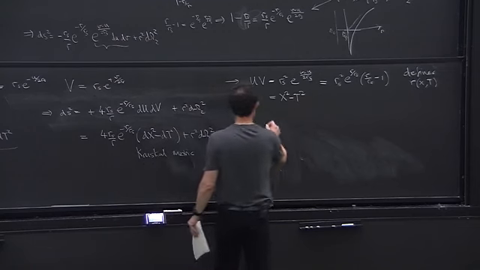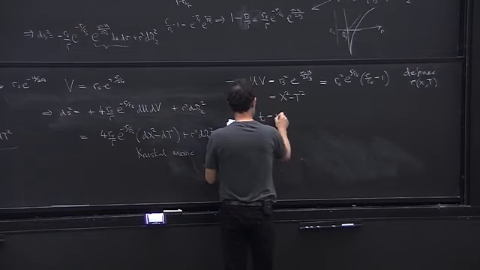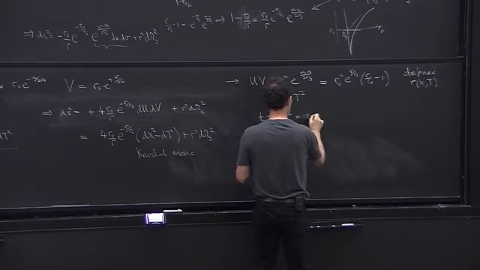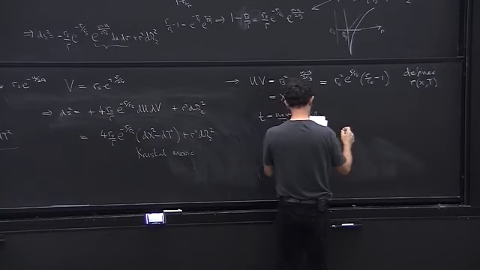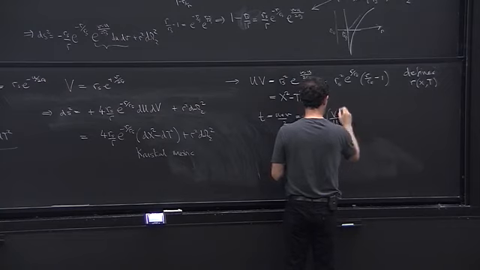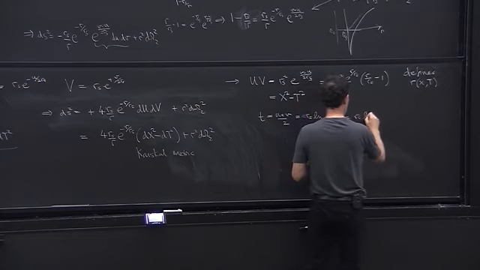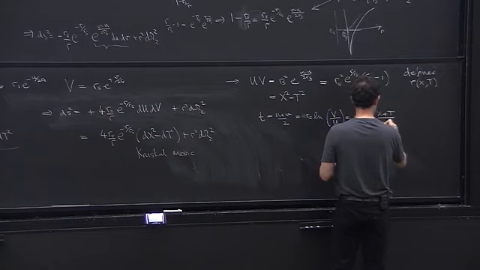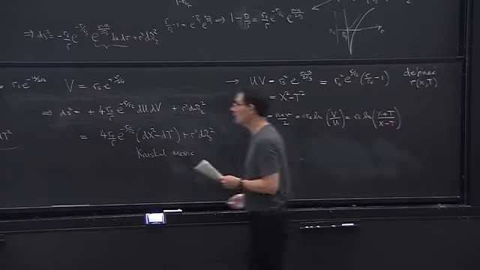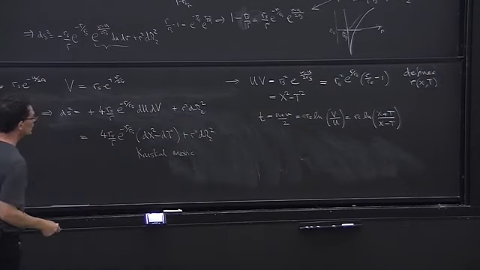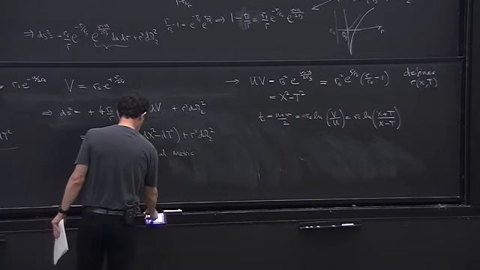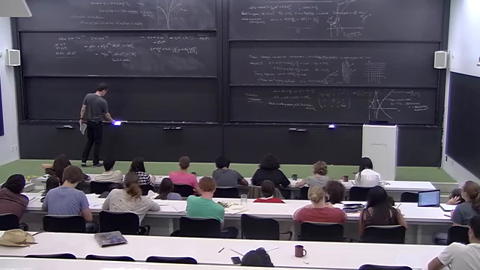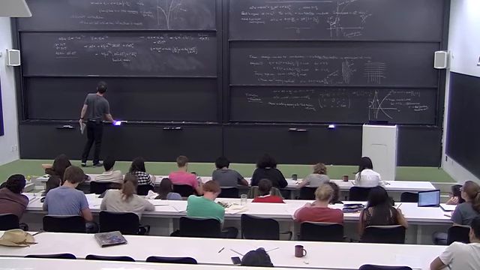And likewise, we have t is u plus v over 2, and that's rs log capital V over capital U, and that's rs log x plus t over x minus t. Okay, so now I'm going to draw a picture of this metric, and this will hopefully make everything completely clear.